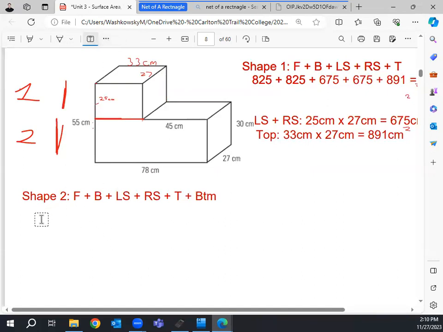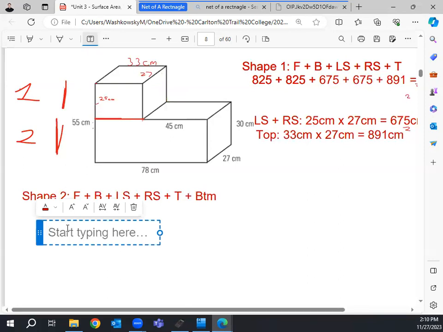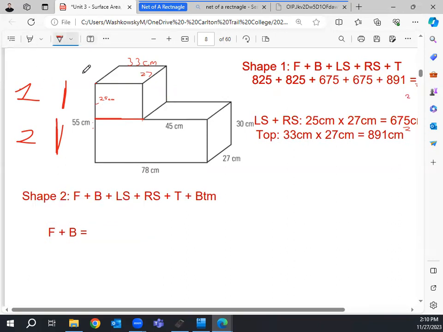So I'm going to do the front. Now, first off, are the front and the back going to be the same for this shape? They should be. So I can actually combine it this time. You will not always think, I can't do this for the top and the bottom. I can't combine that. I need to calculate those both separately. But for the front and back, they'll be the same. So what's the width of it?